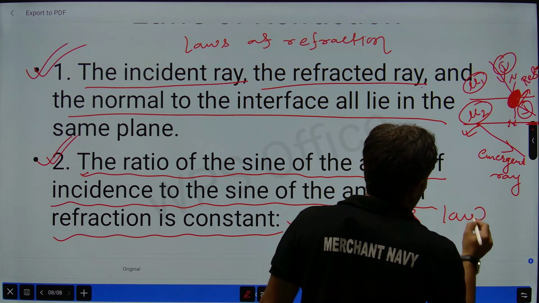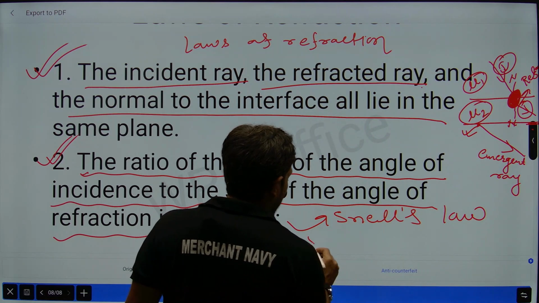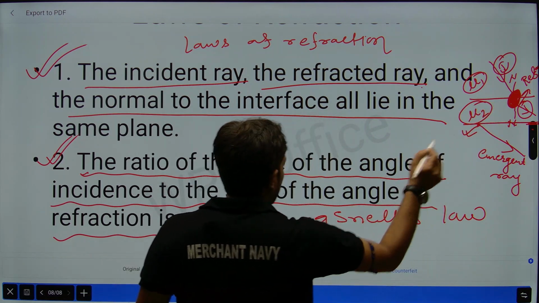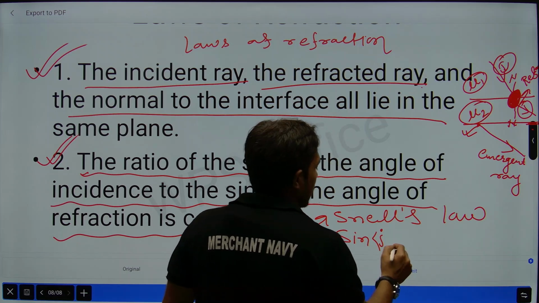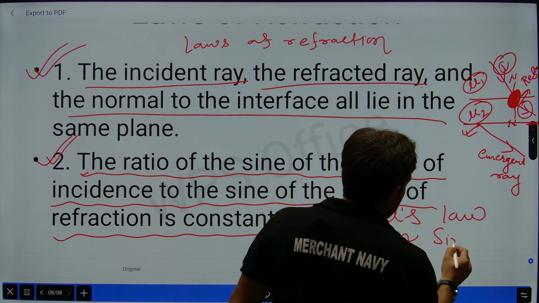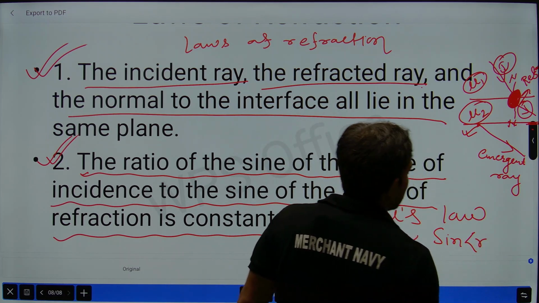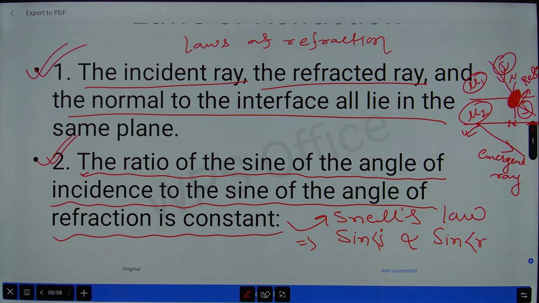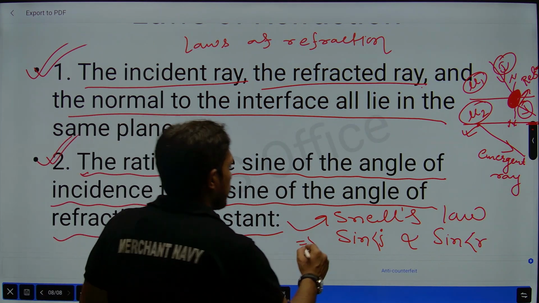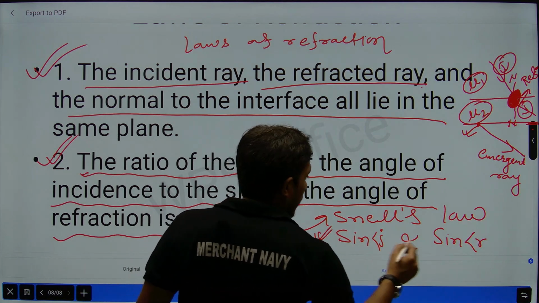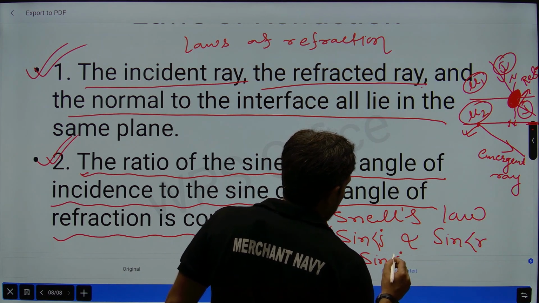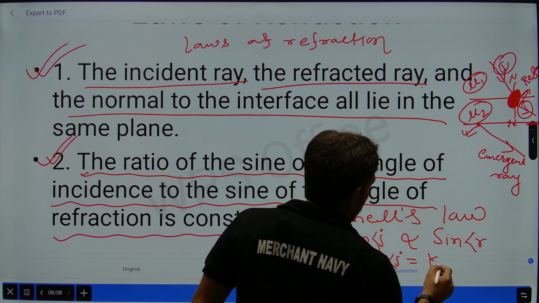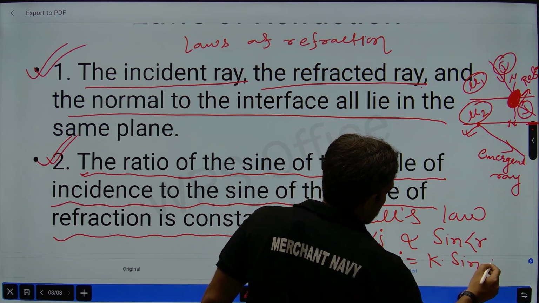So according to Snell's law, the sine of the angle of the incident ray, that we will call sin i, is directly proportional to the sine of the angle of refraction, sin r.